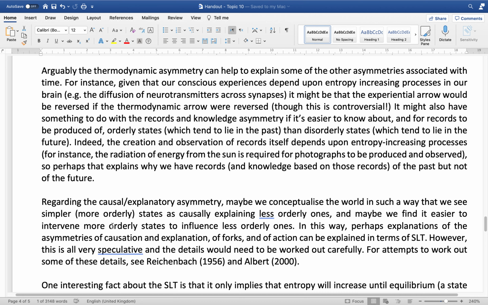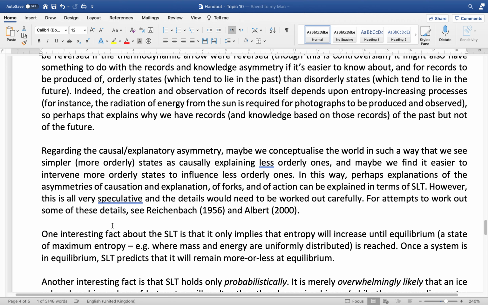For instance, the radiation of energy from the sun is required for photographs or films to be produced and to be observed. So maybe the creation and observation of records depends upon entropy increasing processes, which might explain why we have and observe records of the past but not of the future.